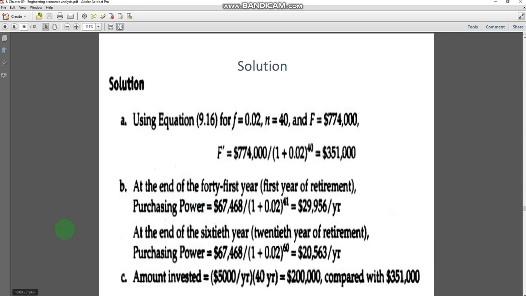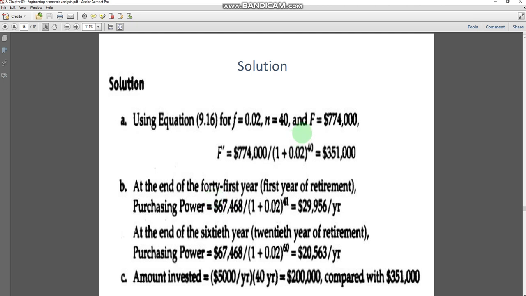At the end of 40 years, in the first year of the retirement, this is the amount of money that you would have as a final value, and we want to see what the impact of inflation would be and what the actual buying power should be.